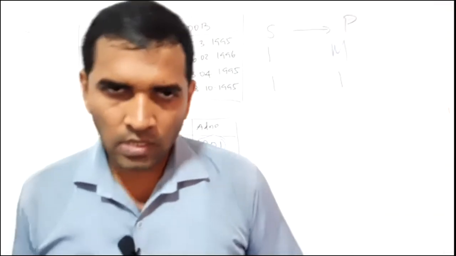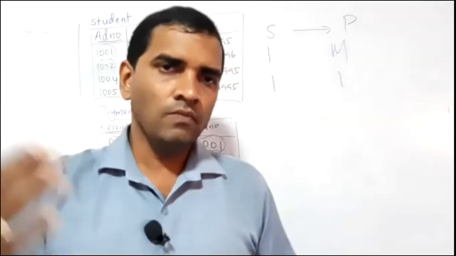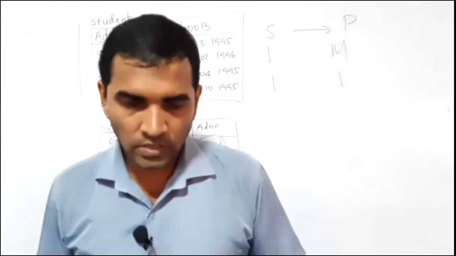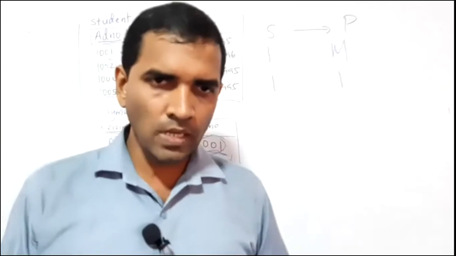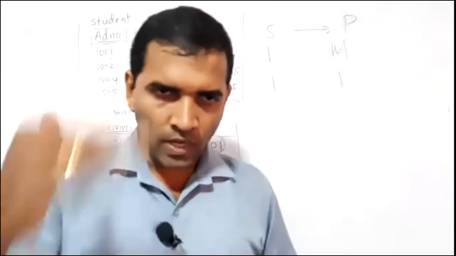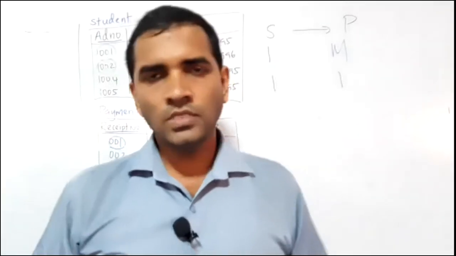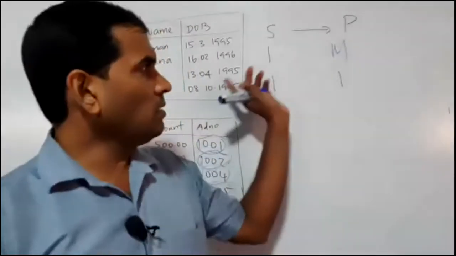Okay, don't forget, in one-to-one, in both directions, we find a one-to-one relationship. But if it is a one-to-many relationship, you can't say one-to-many in both directions. In one direction it is one-to-many, in the opposite direction it is one-to-one. So it may be any direction.